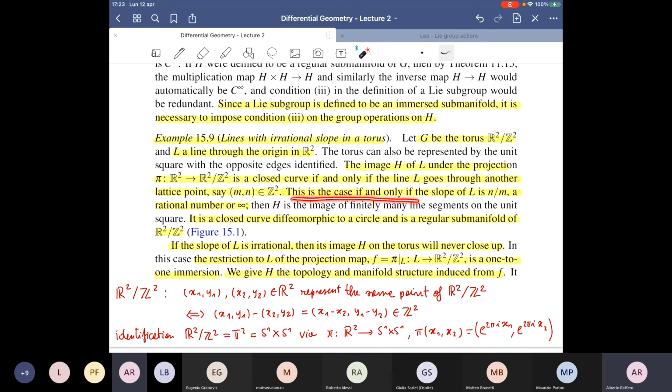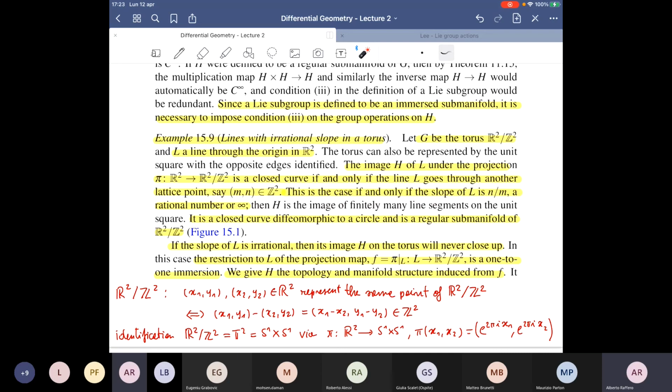Since the line passes through the origin, this happens if and only if the slope is a rational number or it is infinite. In such a case, what you get is a closed curve diffeomorphic to a circle, and it will be a regular submanifold of the torus.